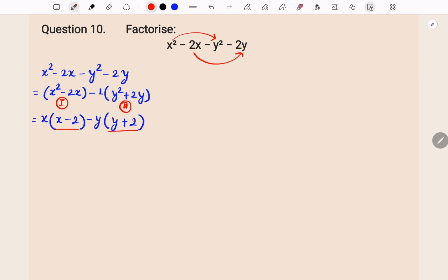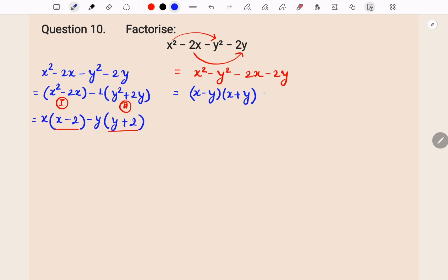Let's see what happens. So I will write x squared minus y squared minus 2x minus 2y. We have x squared minus y squared. That is a very famous algebraic identity. It is x minus y times x plus y, right?